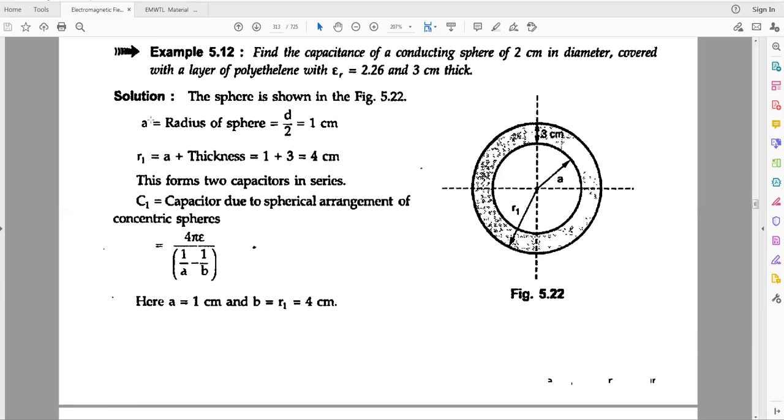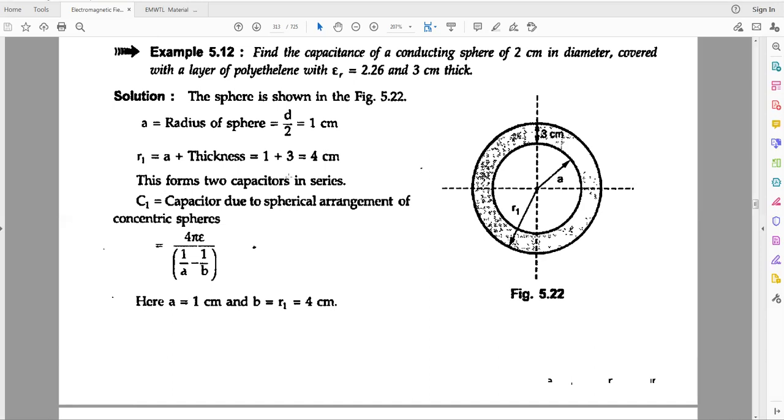The radius of the sphere is A. The diameter is given, so the radius is diameter by 2, which is 1 centimeter. And R1 is A, the radius of the sphere, plus the thickness. Since it is given in terms of diameter, we convert it into the radius A, and R1 is A plus the given thickness: 1 plus 3 is 4 centimeters.